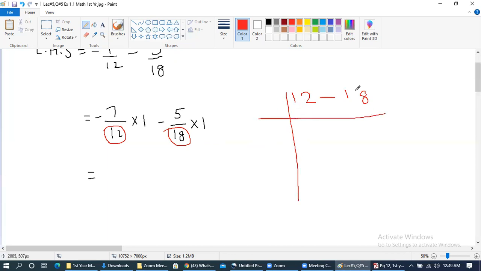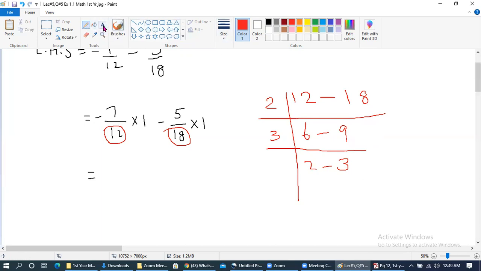You can see that both are multiples of 2. So 2 times 6 is 12, and 2 times 9 is 18. While 6 and 9 both are multiples of 3. So you can write 3 times 2 is 6, and 3 times 3 is 9. The remaining 2 and 3 do not have a common multiple.